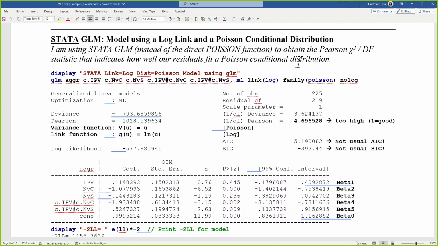And then, you know, there's going to keep being more umbrellas on top as time goes on, and they're going to have to make up new words. But general is a subset of generalized that has an identity link and a normal distribution as the conditional distribution. So we can switch out both of those things as needed to fit different kinds of data.